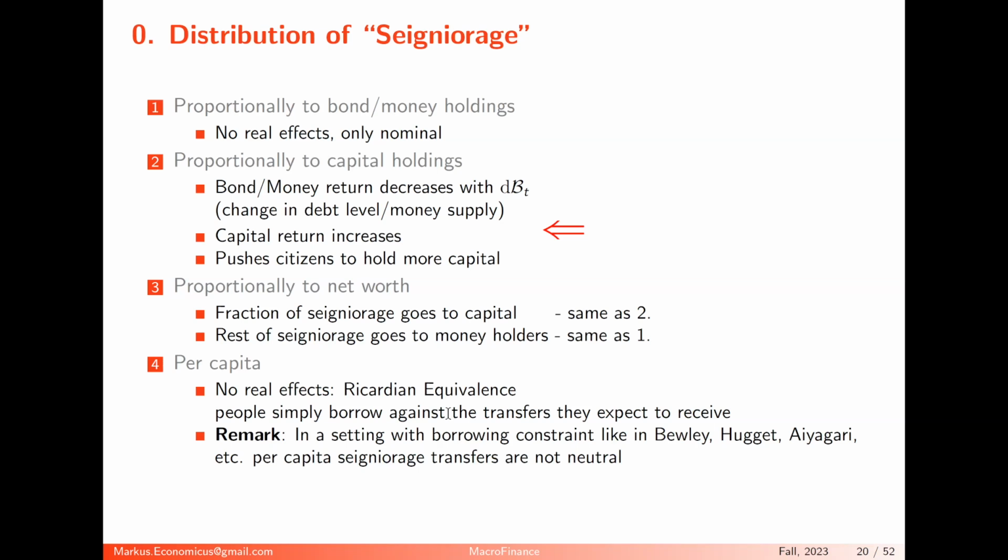Now I can also pay in proportion to the capital holdings. What happens is that I print more bonds, I dilute the bond holdings, and then I lower the tax on the capital holding. The output tax falls on guys who have a lot of capital that produce a lot of output. That essentially makes the bond holding less attractive relative to the capital holding, because I create more seigniorage by diluting the bond value, and then the seigniorage I give back.